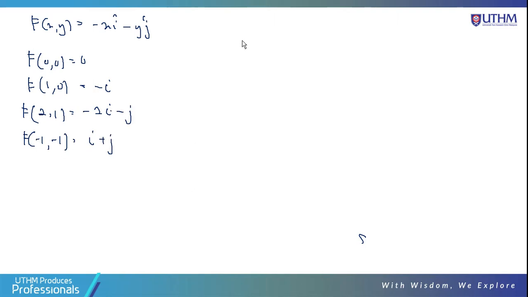So you plug in any value and then plot it in the xy plane. At the point 0, 0, it is 0. At the point 1, 1, 0. At the point 0, 1, 0, it is negative i, which points to the left. Here 2, 1: the point goes negative 2, so moving 2 to the left, and then down 1.